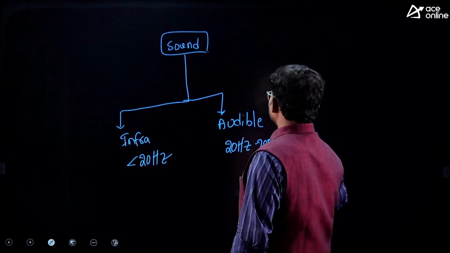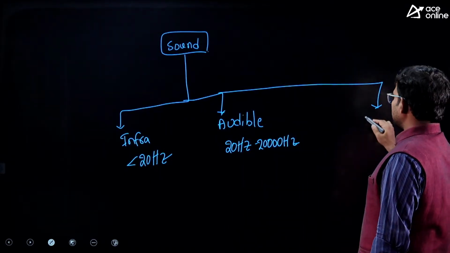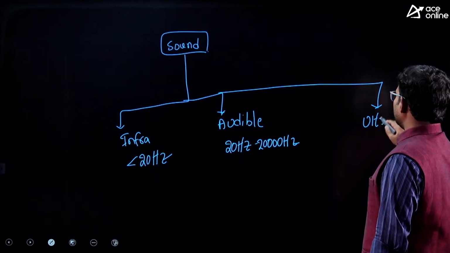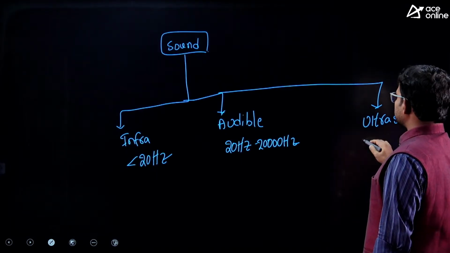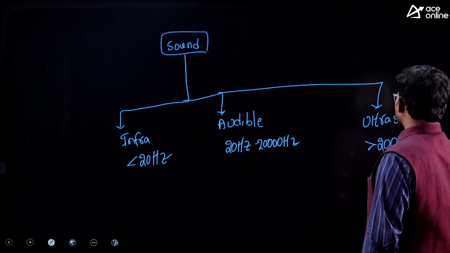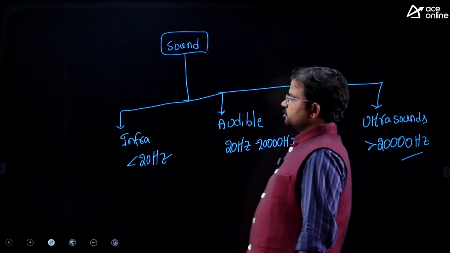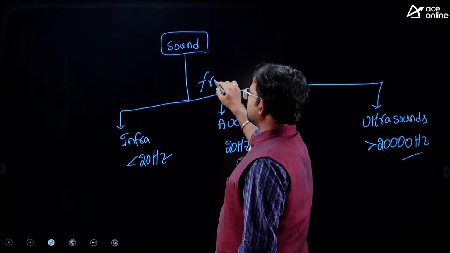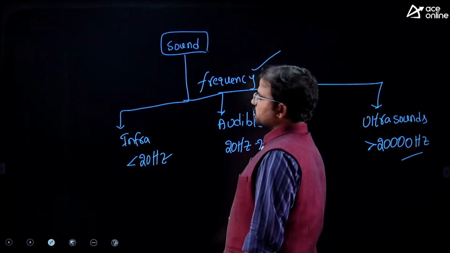Next one, ultrasounds: frequency more than 20,000 hertz. This classification is basically based on frequency only. You should also remember that.